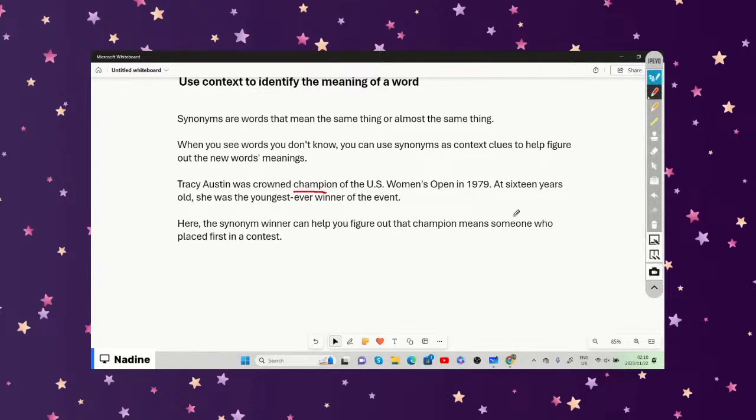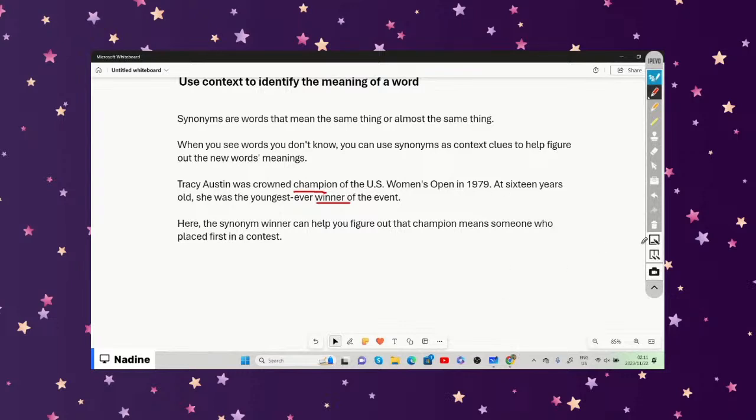And at 16 years old, she was the youngest ever winner of the event. And like we are saying, the synonym winner can help us figure out that champion means someone who placed first in a contest, in an event, right?